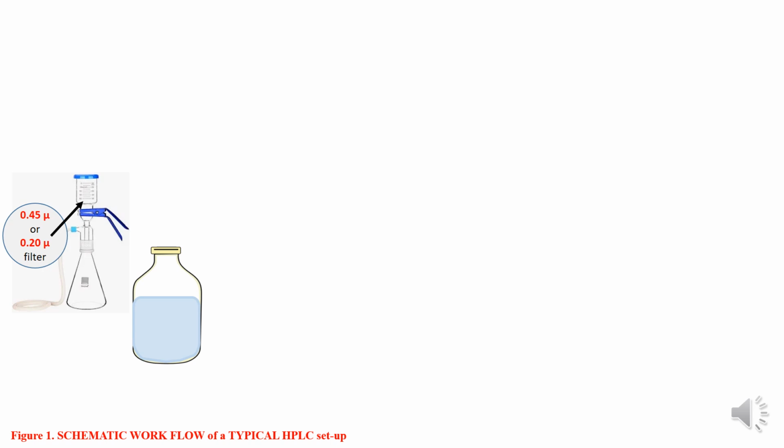This is done in order to remove any particulate matter or impurities present in the mobile phase of the solvent. This is followed by ultrasonication that removes air bubbles from the solvent system. So membrane filtration first in order to remove the particulate matter or impurities, followed by ultrasonication to remove the air bubbles. And now the solvent is introduced into the reservoir.